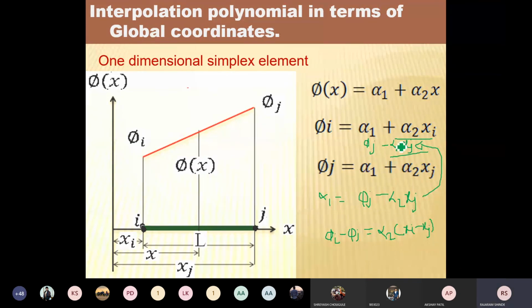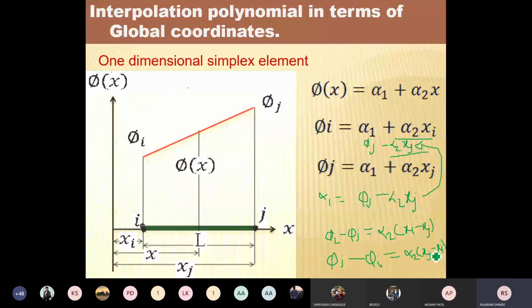When we put this in this equation, you will get alpha 2 into xi minus xj. After that I will change the sign of both sides. It becomes phi j minus phi i equal to alpha 2 into xj minus xi.